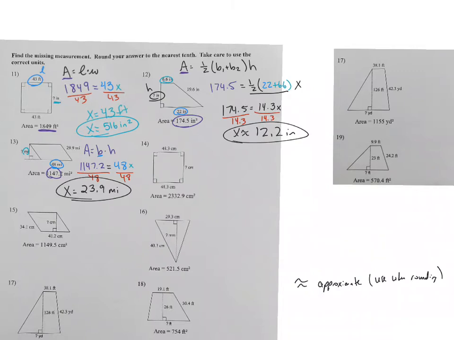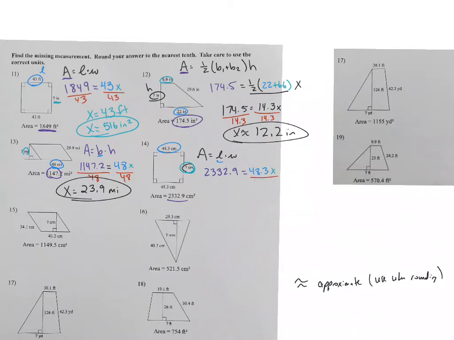14, very, very similar. Once again, we do not know for sure that that is a square. We do know it's at least a rectangle. So I'm going to say area is equal to length times width. My area is 2,332.9 equals, we know that this is the length, so it's 48.3. And we do not know the question mark, so we call it x.